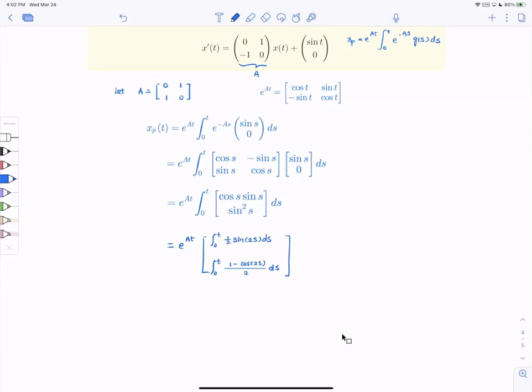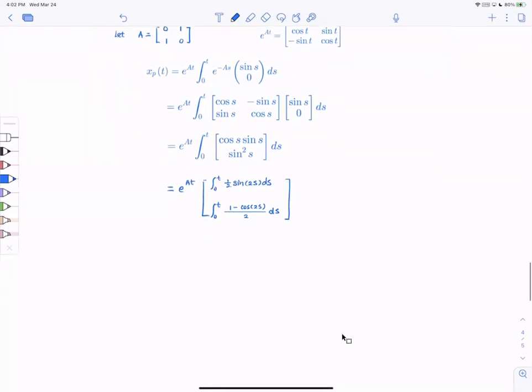Okay, still a lot of computation, huh? And this is going to be e to the At. This is going to be 1 over 4, no, negative 1 over 4 cosine 2s from 0 to t. And here should be s over 2 minus sine 2s over 4, and it's from 0 to t as well.